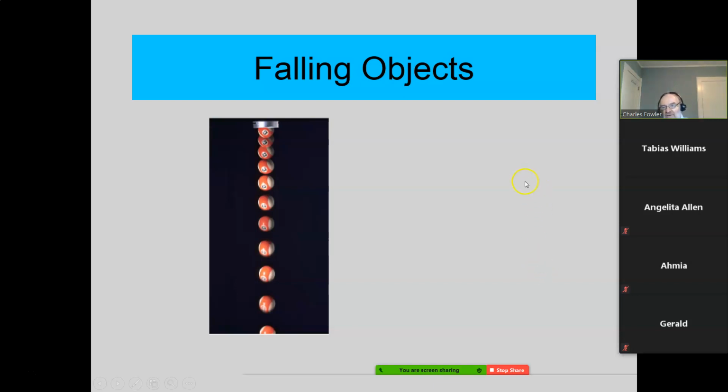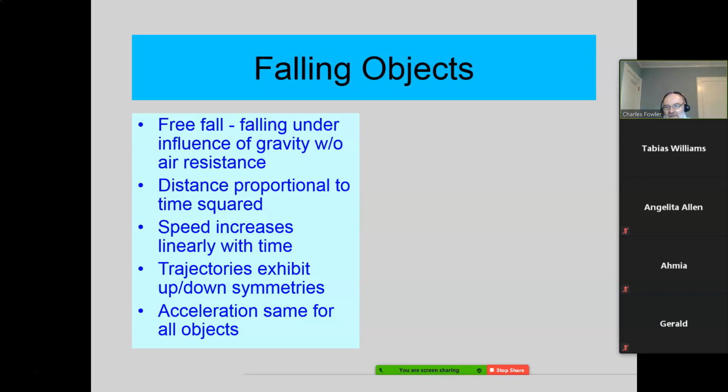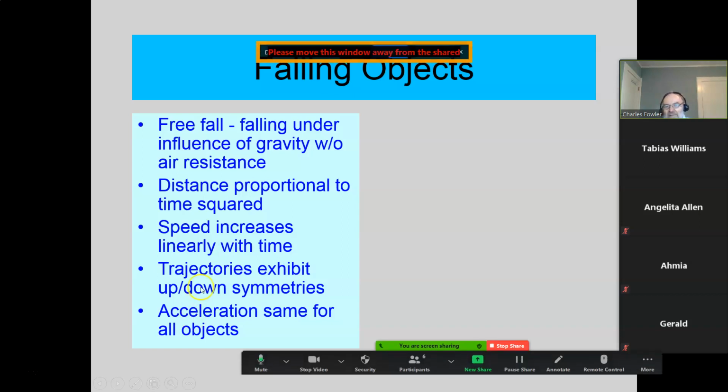So if this were falling down here and happened to hit an exactly elastic surface that sprung it back at exactly the same velocity, then it would be losing speed and getting closer and closer together until it just barely touched up here, and then gravity starts acting again and pulling it back down. That's what they mean by trajectories exhibit up and down symmetries.